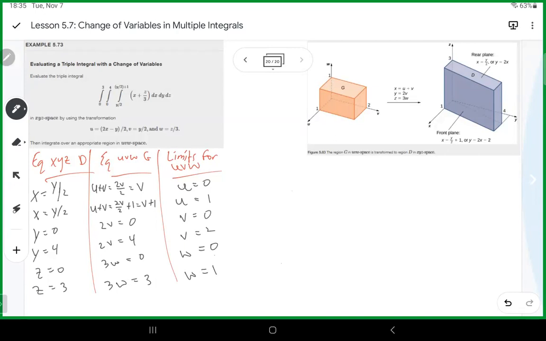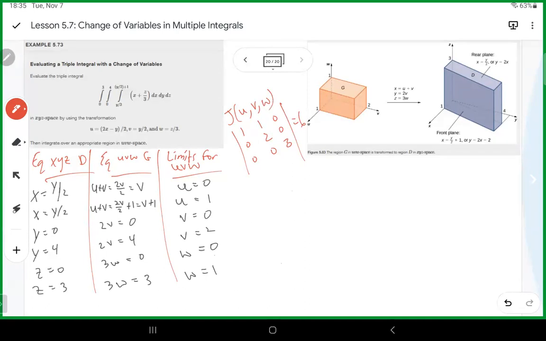All right, we use all of that. And now we're going to be able to find the Jacobian. I am not writing it all out because that's going to take up way too much of our room. So I'm going to do it very small. So we would have 1, 0, 0, 1, 2, 0, 0, 0, 3, which would give us 6.